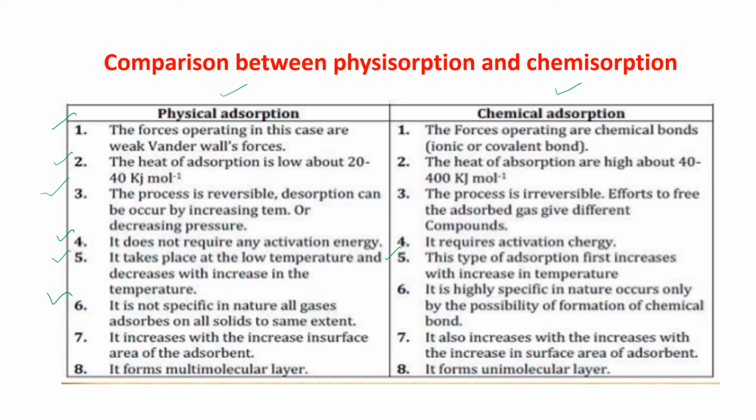Number 7, it increases with increased surface area of the adsorbent. Chemisorption also increases with increase in surface area of the adsorbent. Last one, physisorption forms a multi-molecular layer and chemisorption forms a unimolecular layer.